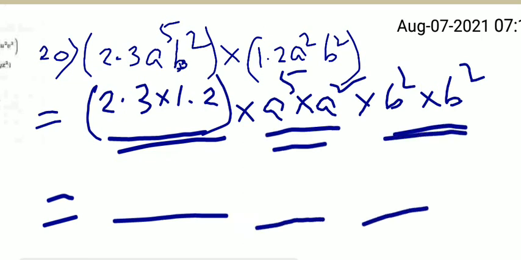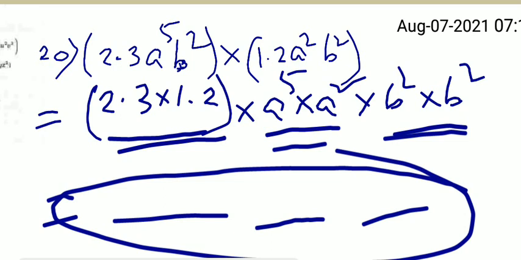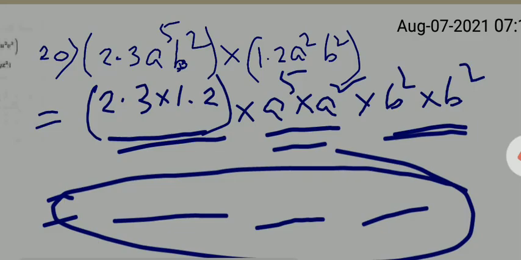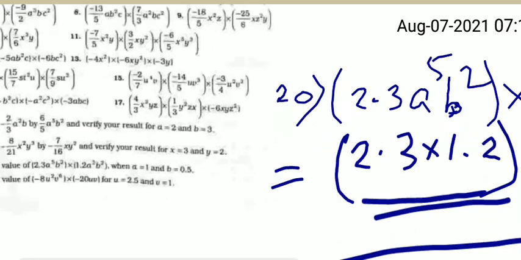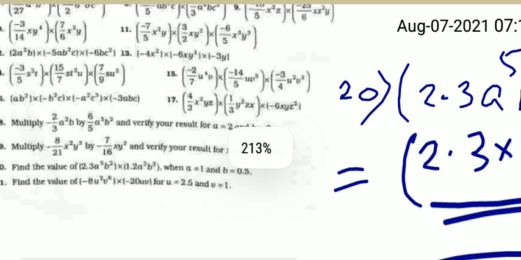You will get a result. After getting the result, just put the value of a equal to 1 and b equal to 0.5. You will get the required result. I hope you can do it yourself. So today you have to solve question number 14 to question number 21 carefully. That's all for today. Thank you.